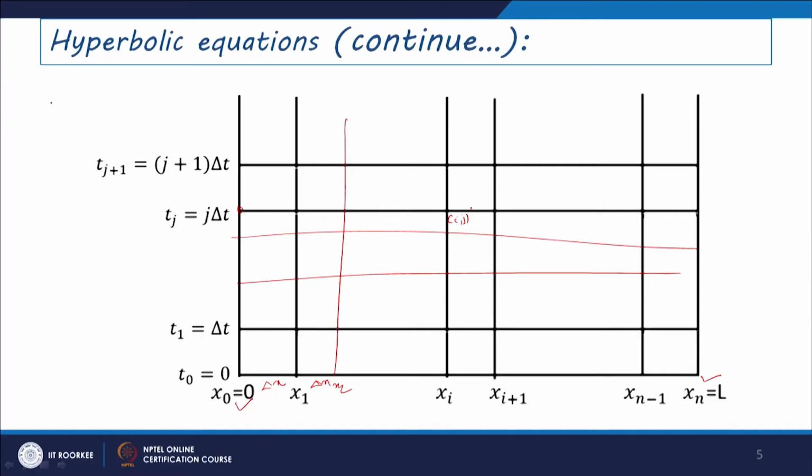Suppose the i, j coordinate is this point here, then we move i plus half and j plus half. This is the point where the computation will proceed.